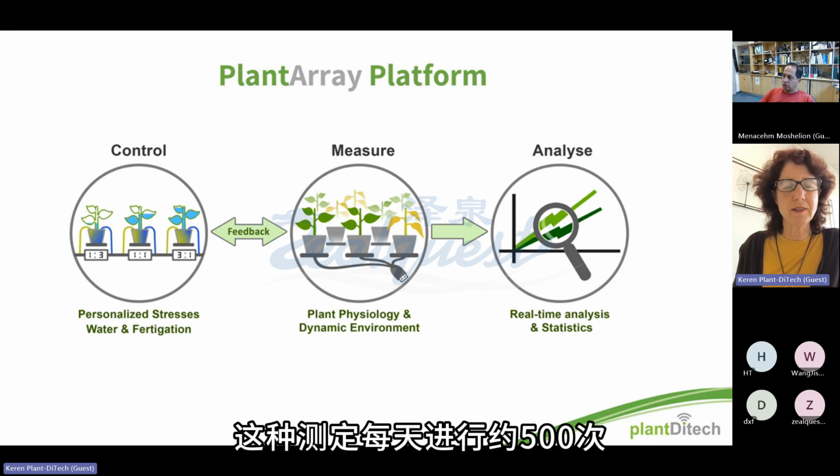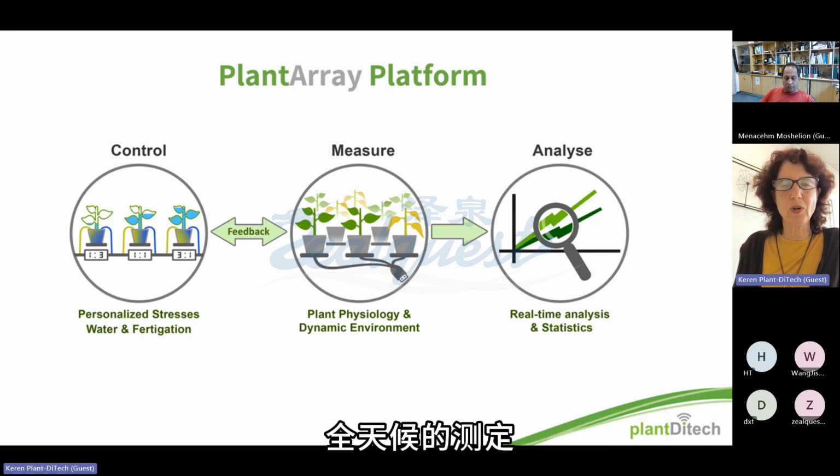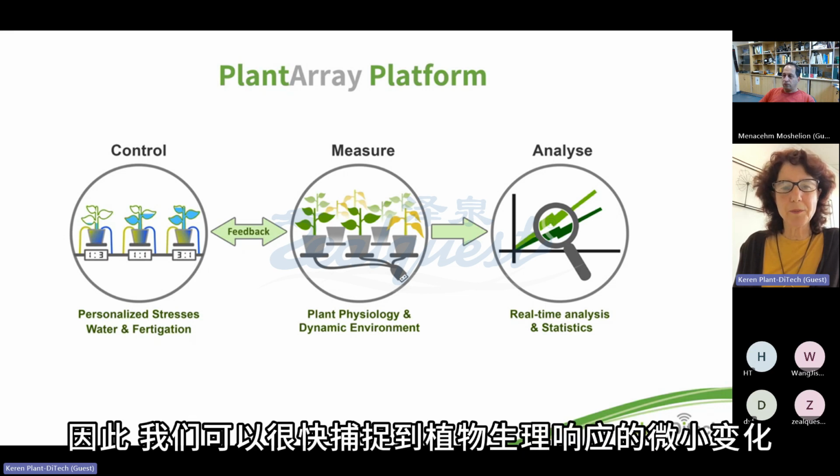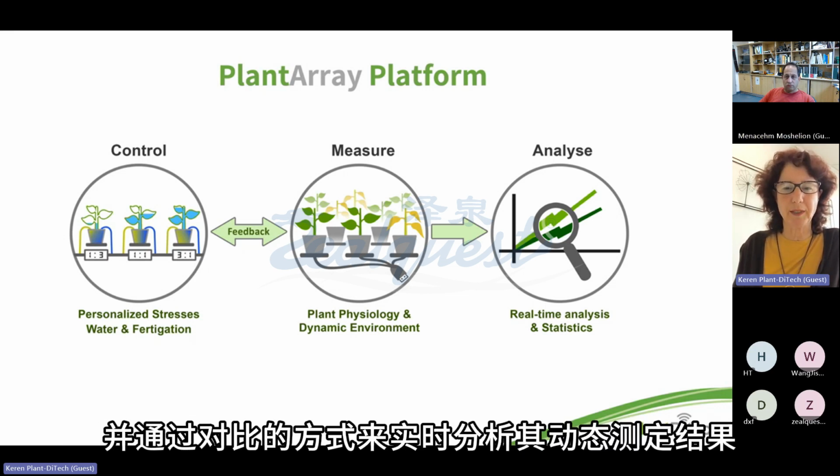And this happens dynamically about 500 times a day, so all day long. So we can capture very small differences in the plant response very quickly.